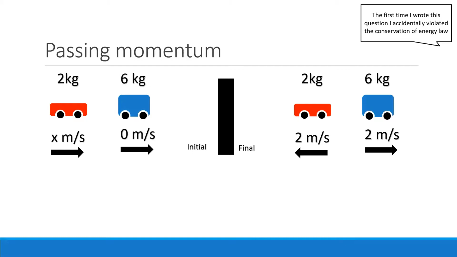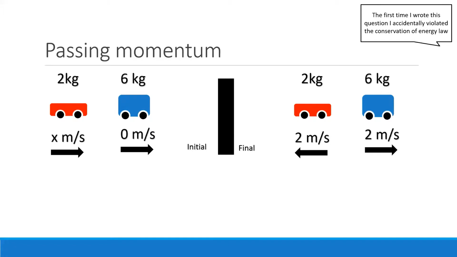You could do these calculations if that first cart was moving. That is completely fine, and the equations would turn out just the same. At the end, afterwards, that red cart bounces and starts moving backwards at 2 meters per second, whereas that blue cart is moving forwards at a pretty slow speed.